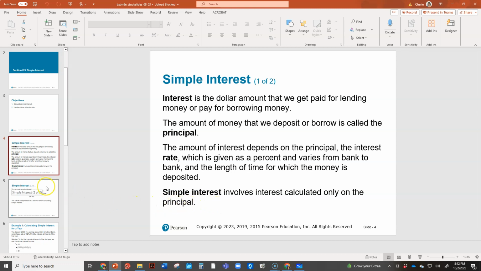We'll talk about compounding interest, which is real life. The only time you're going to run into simple interest is if you borrow money from your uncle and he charges you interest. That's the only time you're ever going to get simple interest. Every lending institution, bank, credit union, credit cards, whatever, they all charge compound interest.